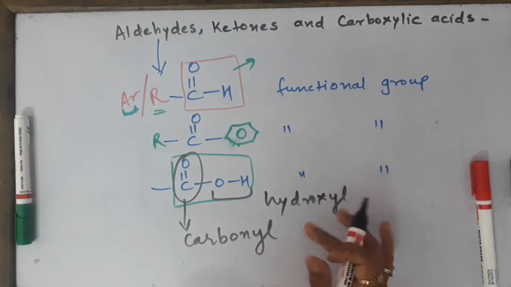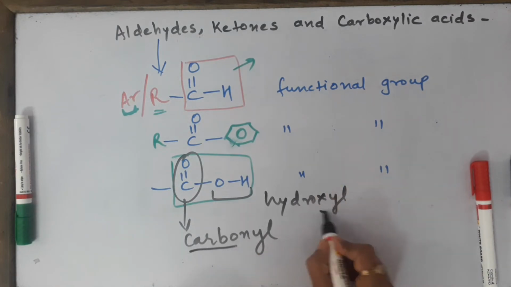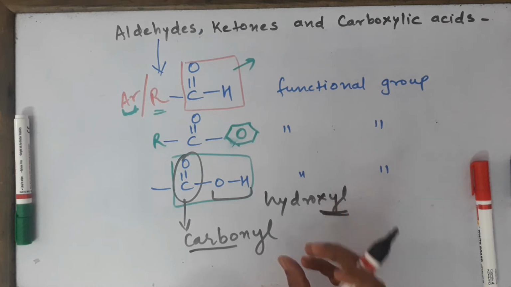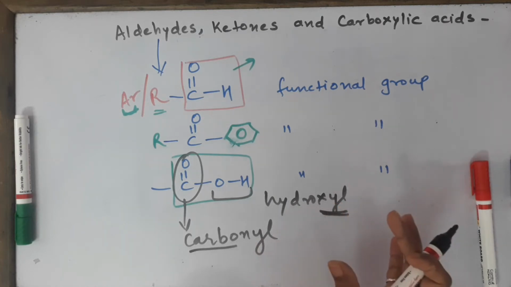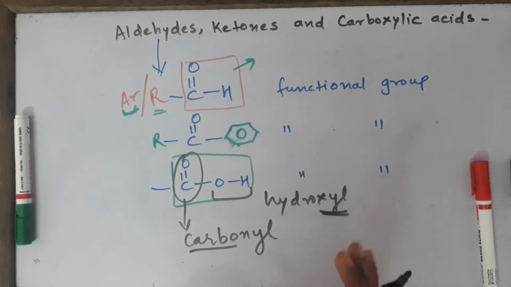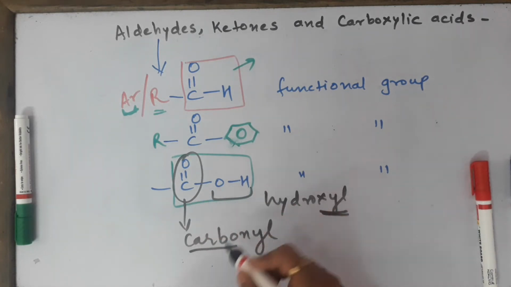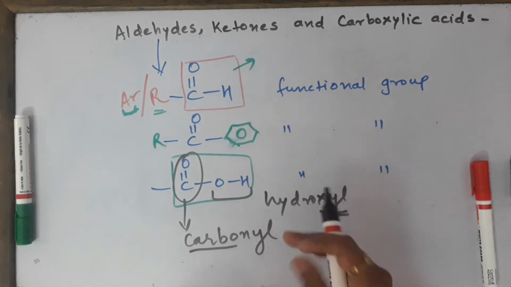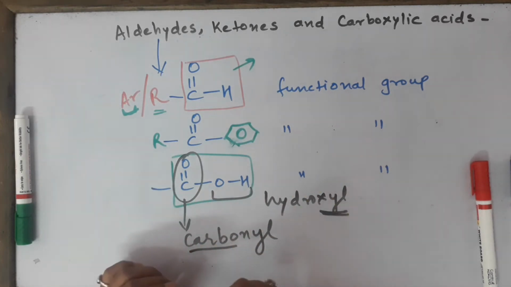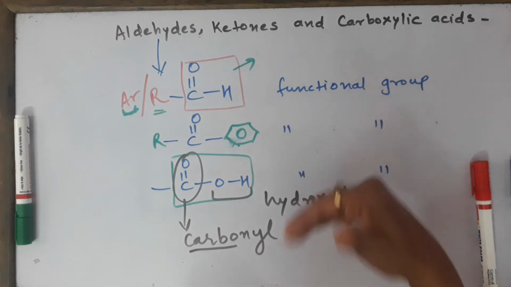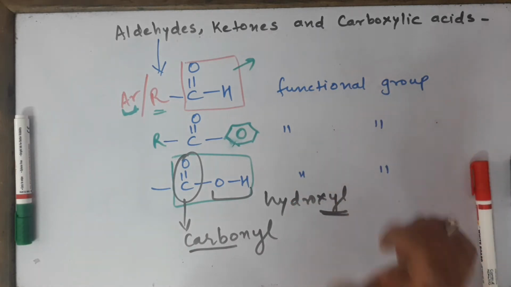If we join them together, then we get the word carboxyl. So the word carboxylic comes from the combination of two words, carbonyl plus hydroxyl, and hence we can understand that the properties of carboxylic acids are going to be a blend of the carbonyl group as well as the hydroxyl group. So children, these are the three different functional groups about which we are going to study in this chapter.